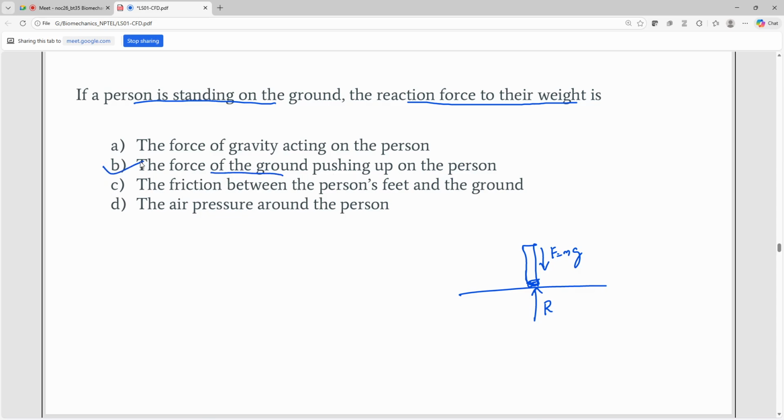That is option B. So the force of gravity acting on the person is itself their weight. Air pressure doesn't do much. Friction between person's feet and ground is the one that helps us to walk or move. That is option C.